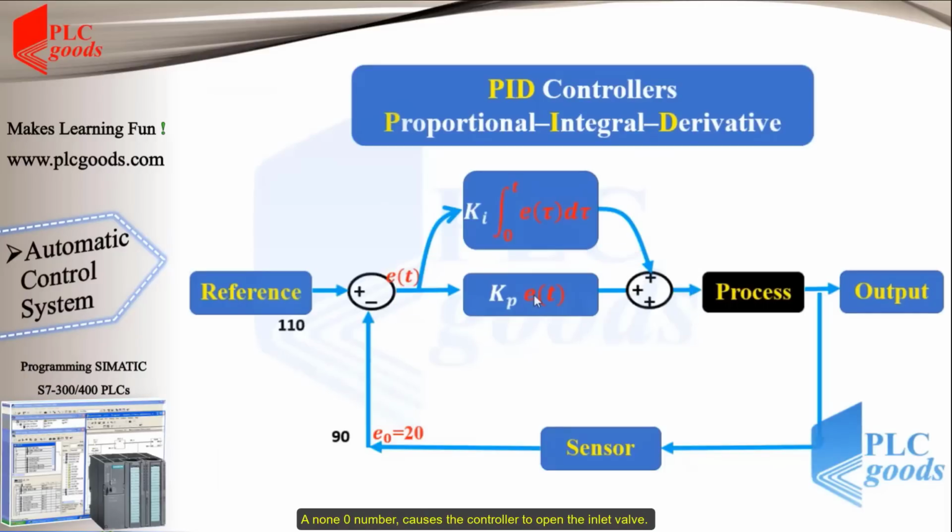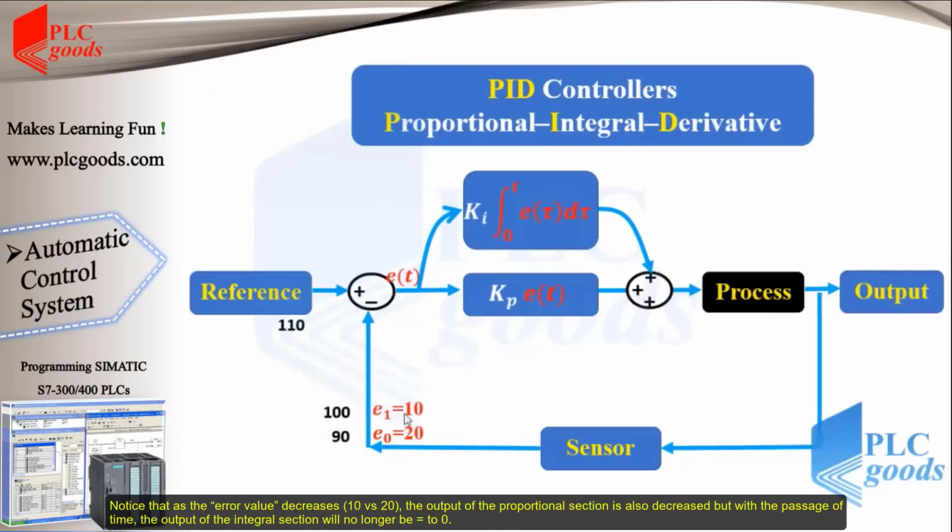A non-zero number causes the controller to open the inlet valve. For example, let's assume the PV value has reached 100 centimeters and therefore E1 is equal to 10. Notice that as the error value decreases, 10 versus 20, the output of the proportional section is also decreased, but with the passage of time, the output of the integral section will no longer be equal to zero.